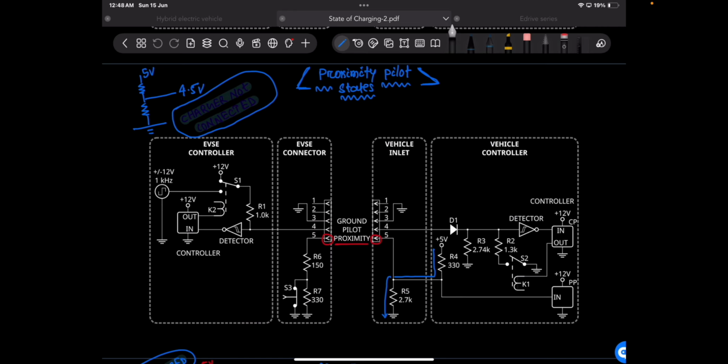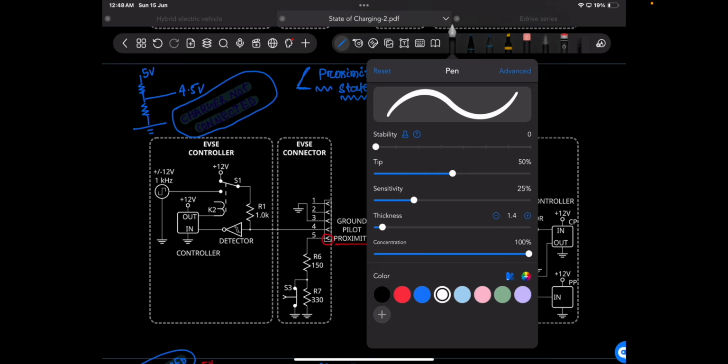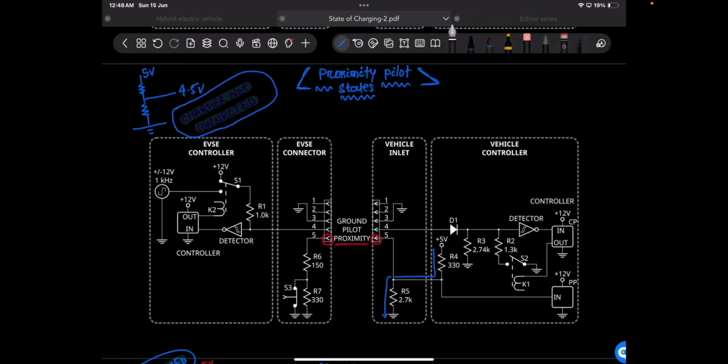Before starting that, we also need to ensure that the charger is connected to the electric vehicle. That can be done with the help of the proximity pilot.